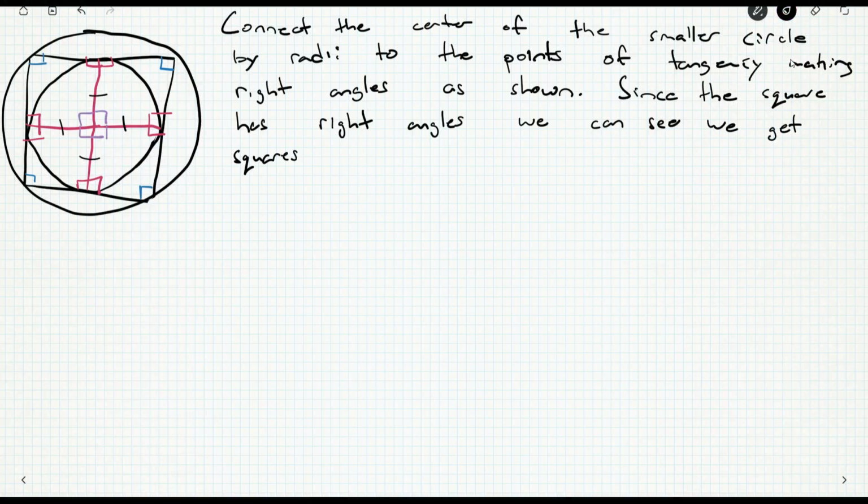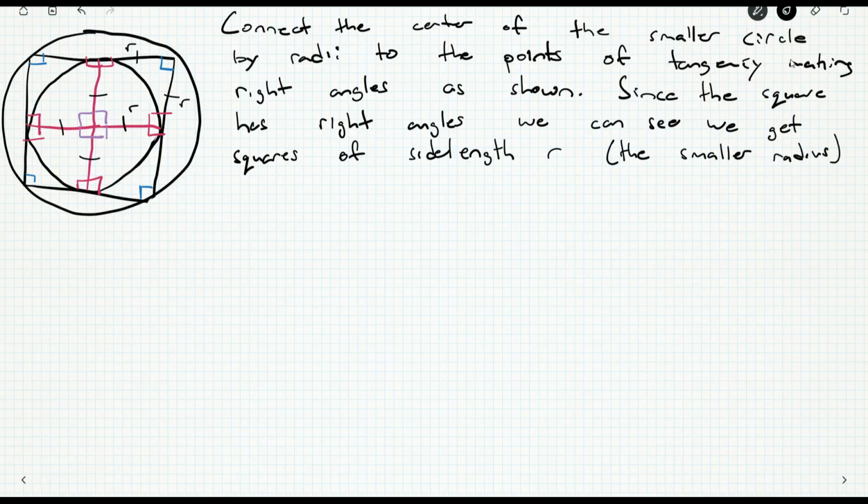It's all the radius. We might even call this radius r. But because of all these right angles, these must be rectangles, rectangles whose sides are all the same length. So we get side length r, the smaller radius. Okay. So that's all nice.